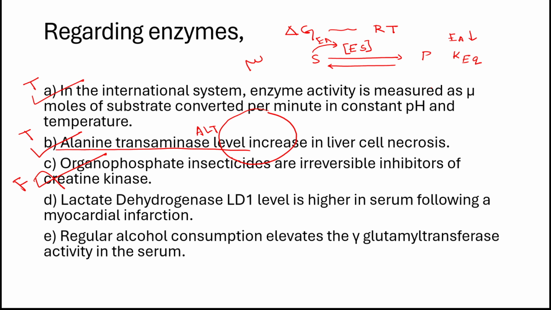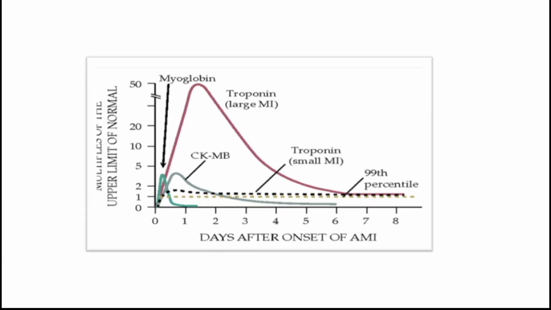Now this question is a little bit tough. I have brought this as well. Now there are biomarkers. Simply, biomarkers means chemical constituents which we can utilize to quantify or qualitatively identify diseases.